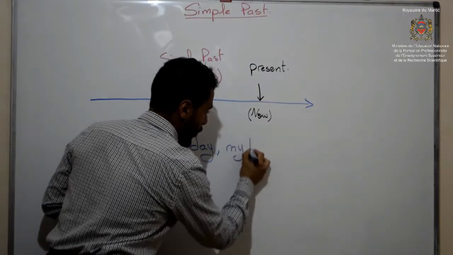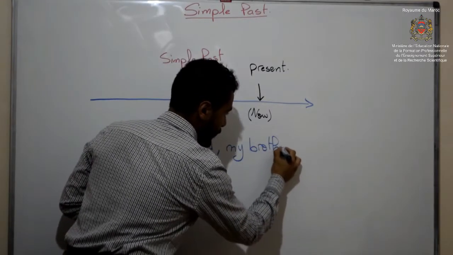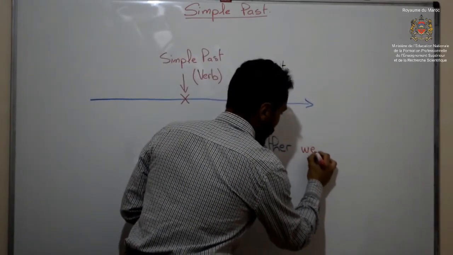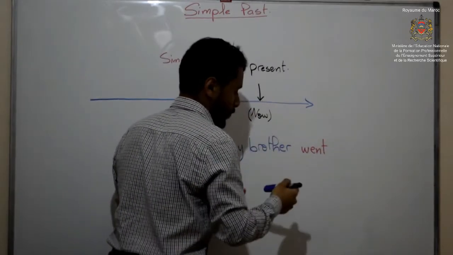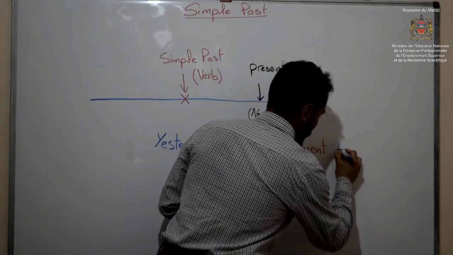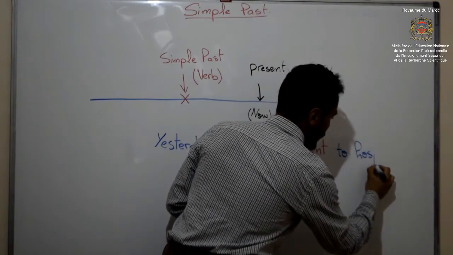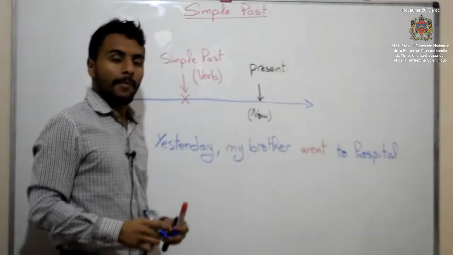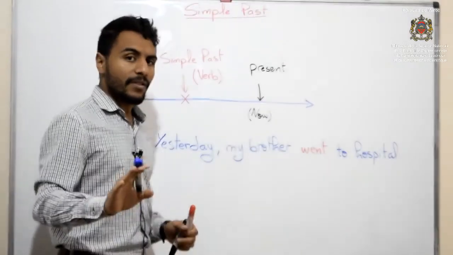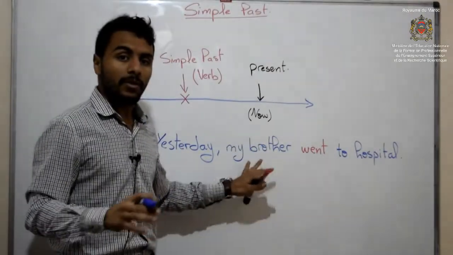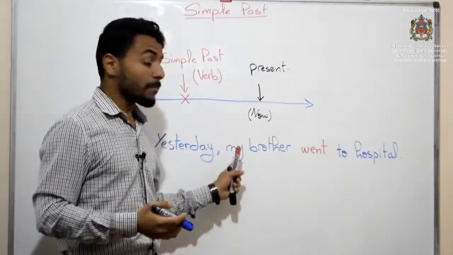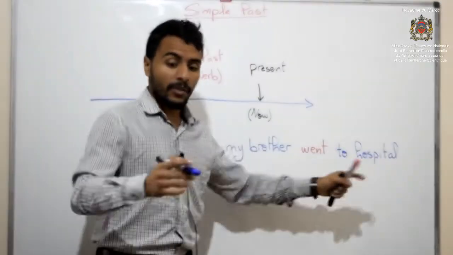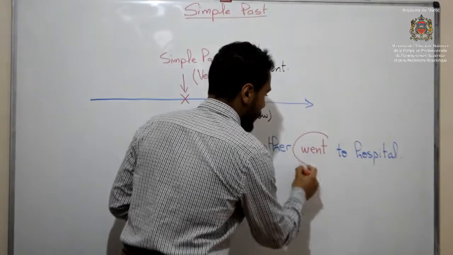My brother went to hospital. Okay, the sentence is clear, and we have a subject, which is the doer of the action. Who? It's my brother. What did your brother do? Went to hospital. So the verb is went.